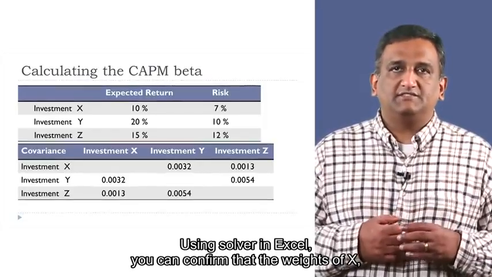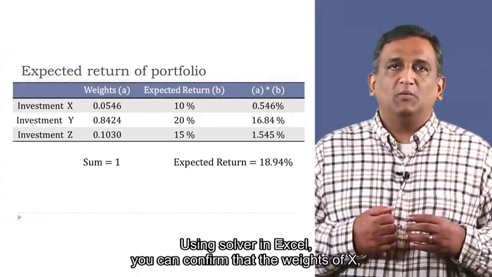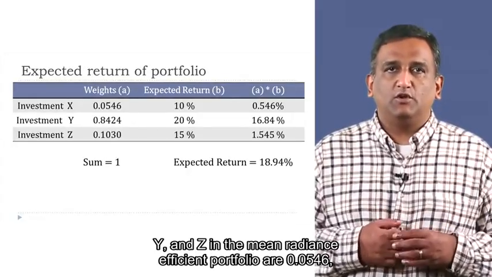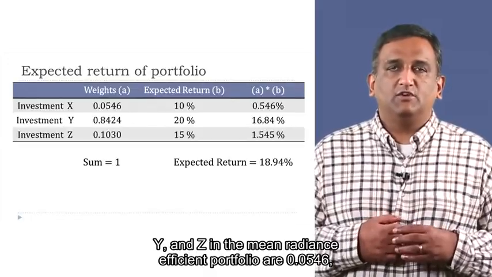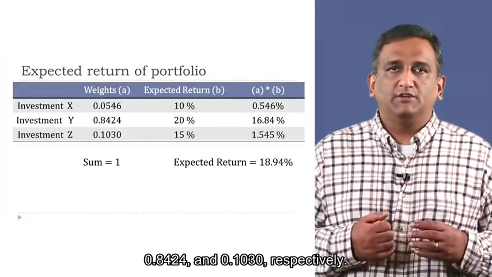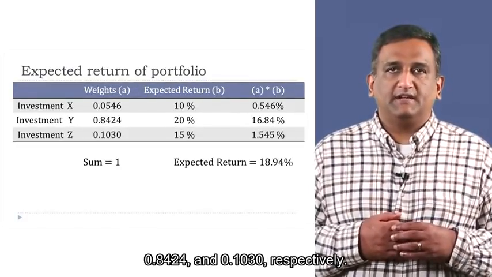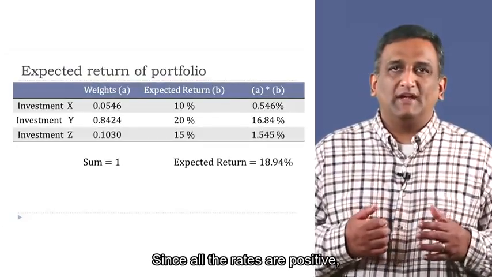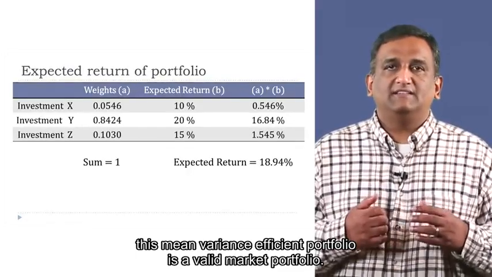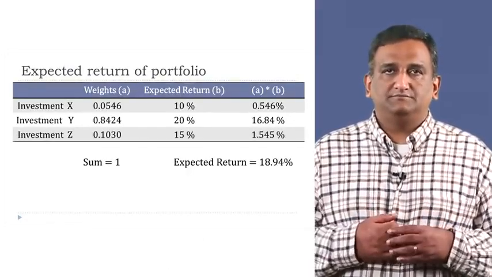Using Solver in Excel, you can confirm that the weights of X, Y, and Z in the mean variance efficient portfolio are 0.0546, 0.8424, and 0.1030 respectively. Since all the weights are positive, this mean variance efficient portfolio is a valid market portfolio.